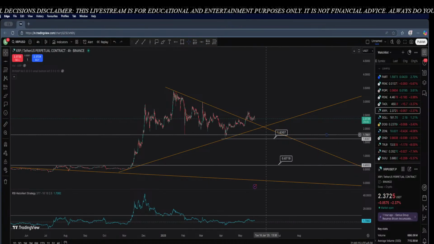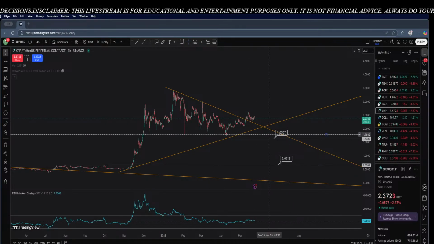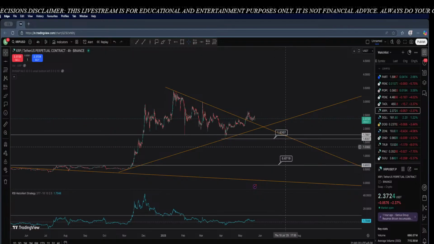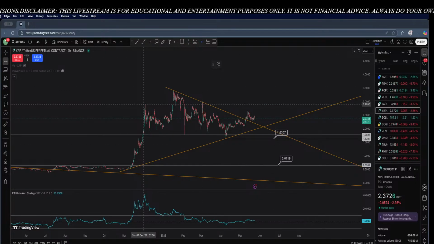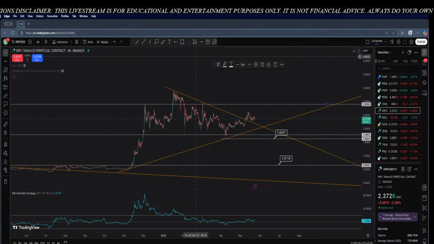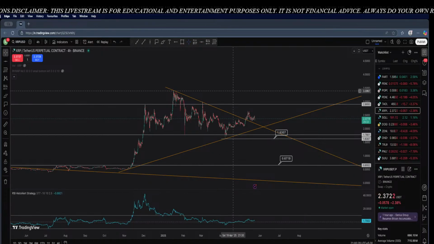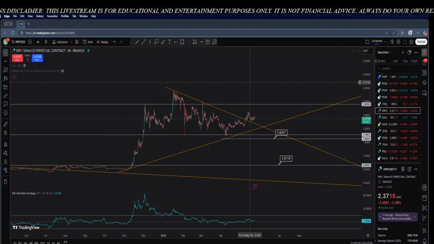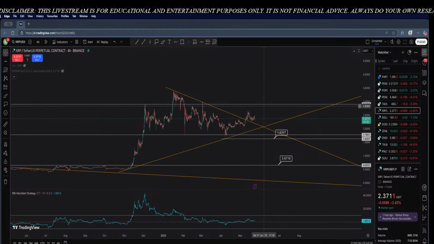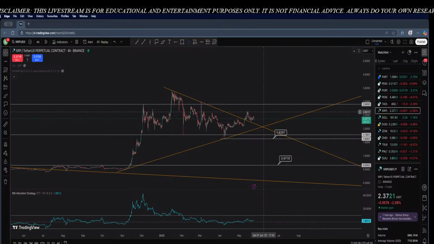So basically this zone right here, the 1.6 all the way up to the 1.78, is going to be a very key level of support for XRP. And of course, we do have this as well. Why are we getting rejected here? Is my question. Interested in that.